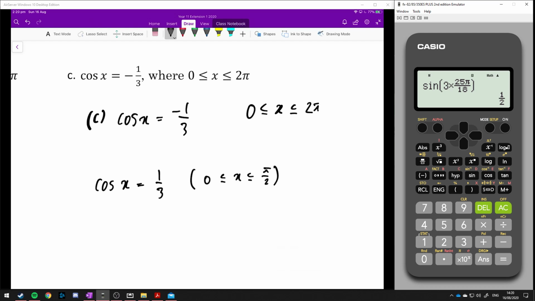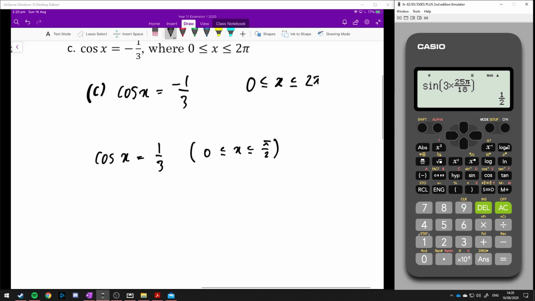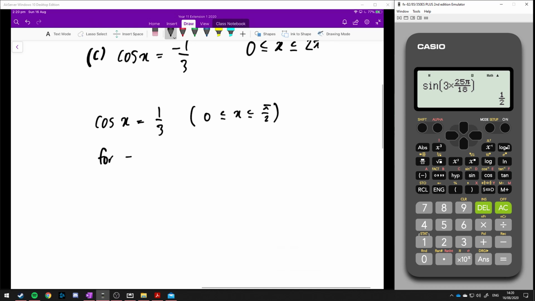Then for negative a third, we need quadrant 2 and quadrant 3.